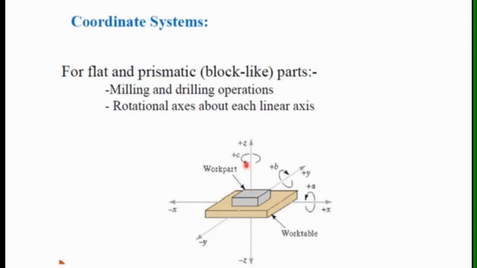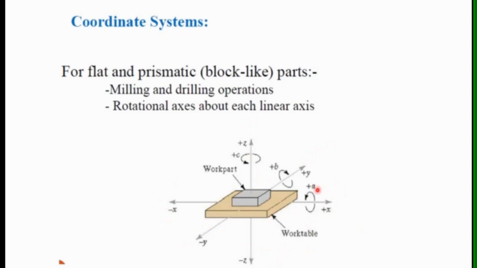This vertical motion is controlled along the z axis, and these positive and negative directions of motion, positive x and negative x, positive y and negative y, positive z and negative z, are the directions of motion of the tool relative to the table along these axes.